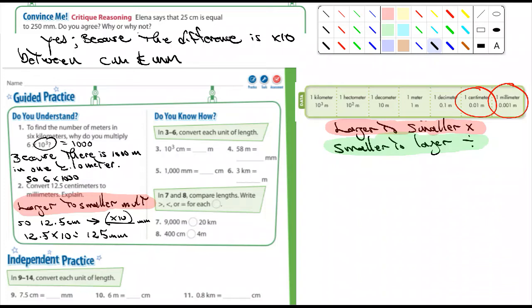And so larger to smaller, you can see what I've got written right here, you multiply. You guys should know that by now. And smaller to larger, you divide. So 12.5 centimeters, you can see what I wrote here. It would be times 10, so 12.5 times 10, you just change it to 125.